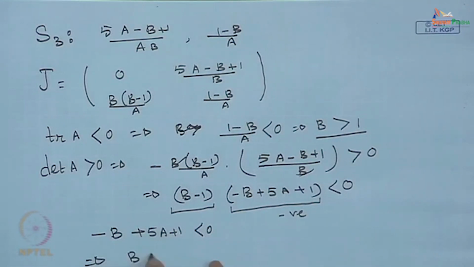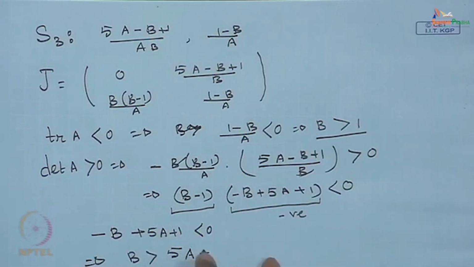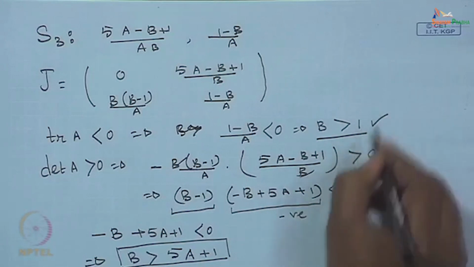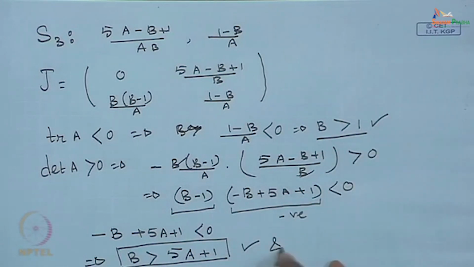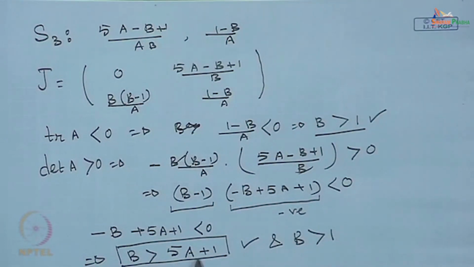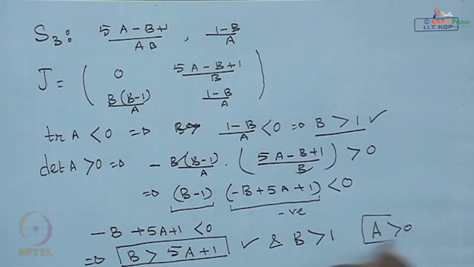So, b should be greater than 5a plus 1. So, if these two conditions are satisfied simultaneously, b is greater than 1 and b is greater than 5a plus 1, and a, if you remember, is always a non-zero positive parameter.